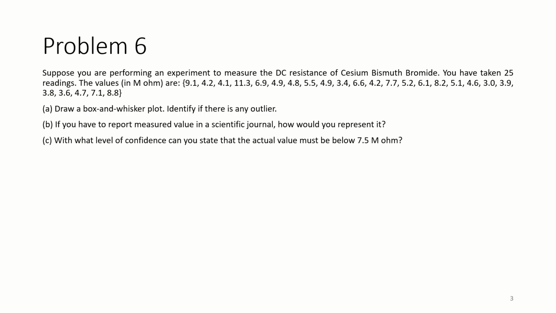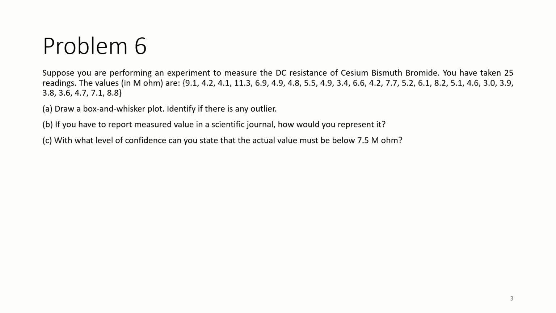Has anybody solved this? So what will be the first step here?